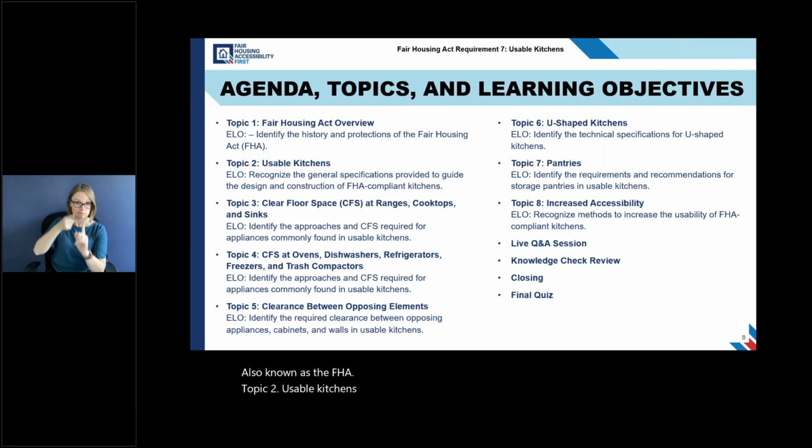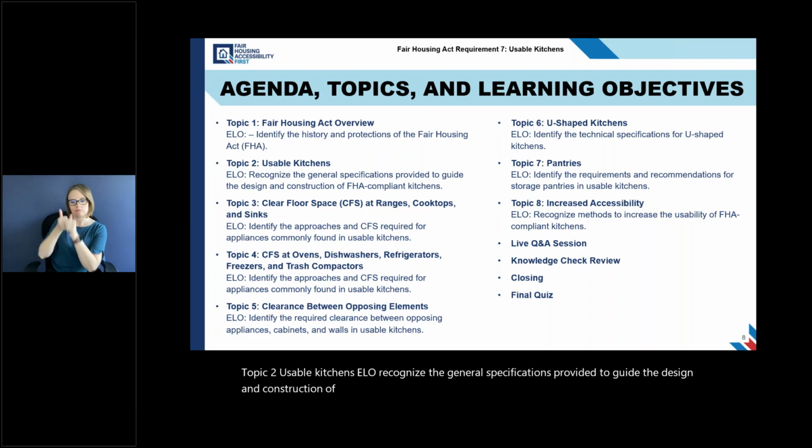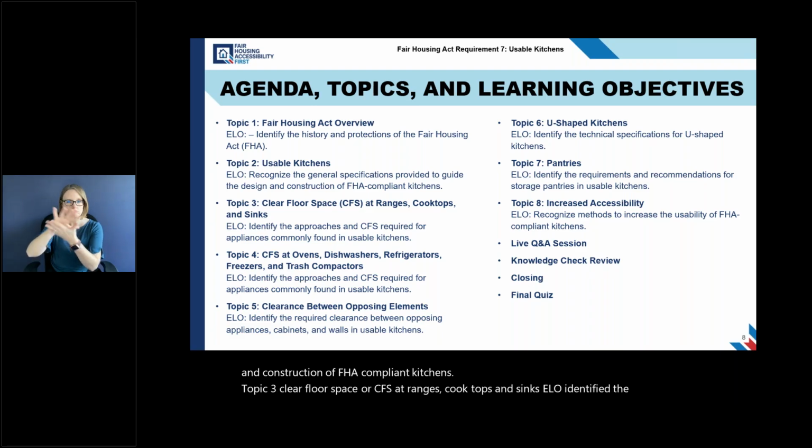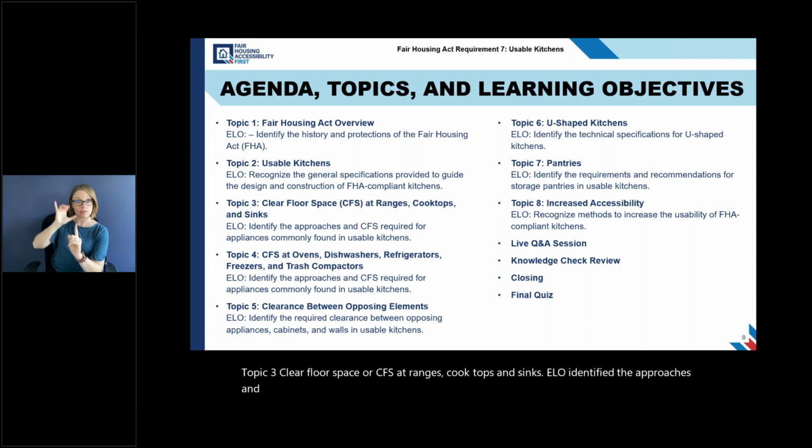ELO, recognize the general specifications provided to guide the design and construction of FHA compliant kitchens. Topic 3, clear floor space, or CFS, at ranges, cooktops, and sinks. ELO, identify the approaches and CFS required for appliances commonly found in usable kitchens.